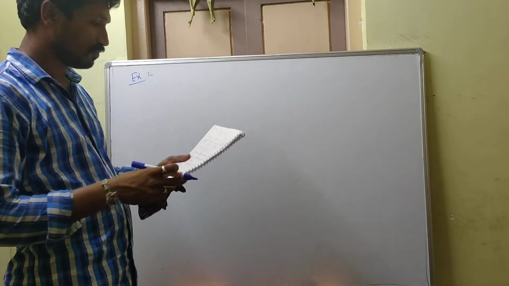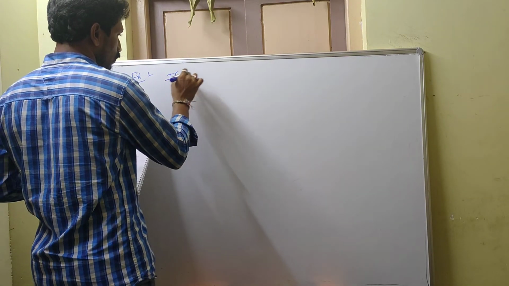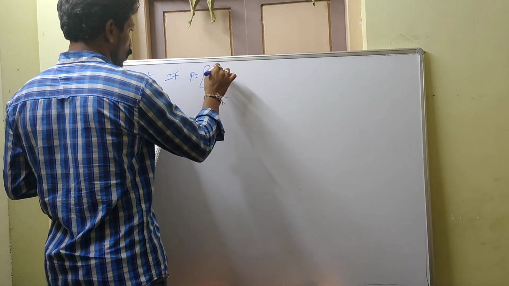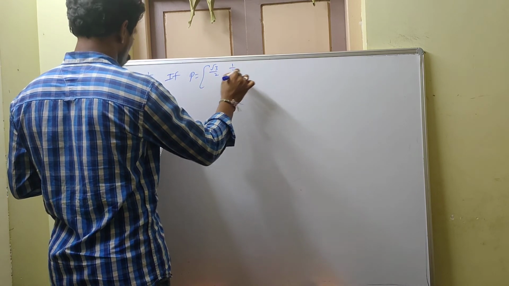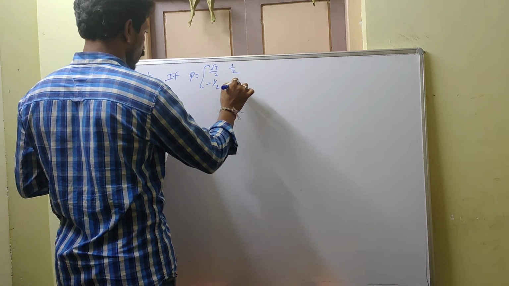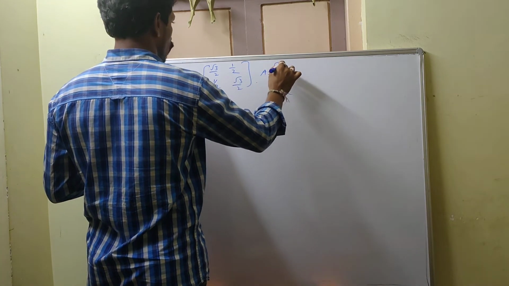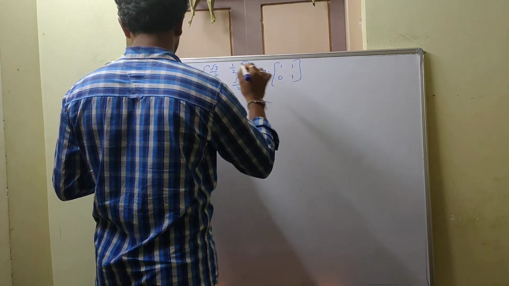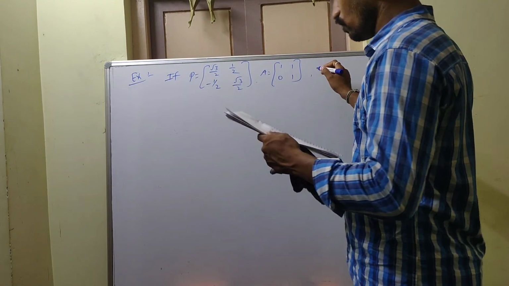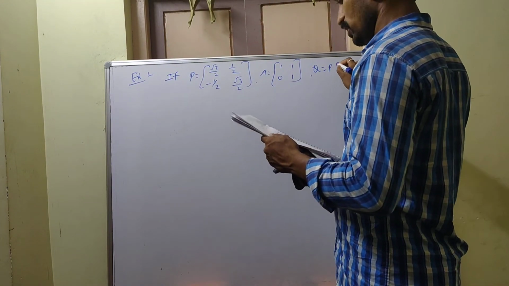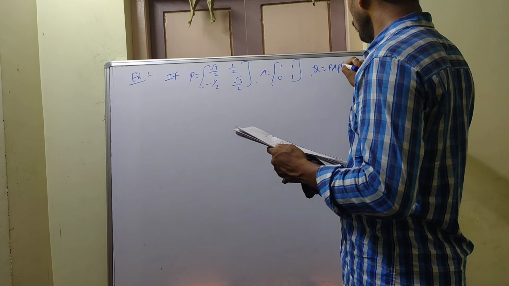Next example: if P is equal to root 3 by 2, 1 by 2, minus 1 by 2, root 3 by 2, and A is equal to 1, 1, 0, 1, and Q is equal to... this is a mains and advanced level problem.